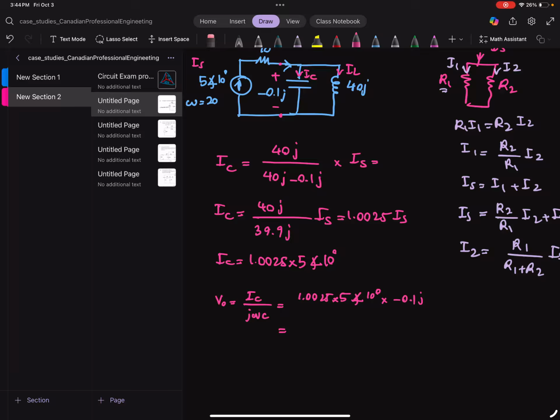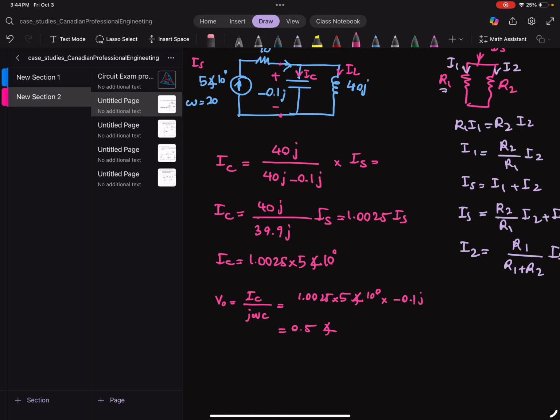So right now, what we have to do is be careful about the phases, because we have a minus j. Minus j is like minus 90 degrees. So we do the amplitudes all together, 1.0025 multiplied by 5 multiplied by 0.1, that's about 0.5.